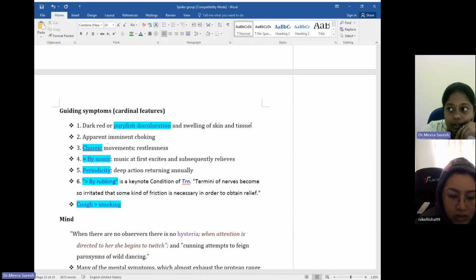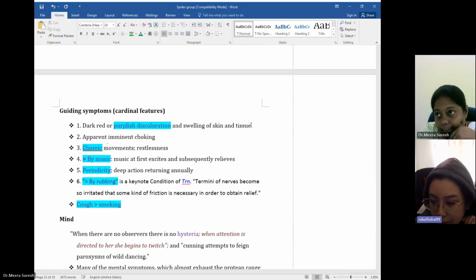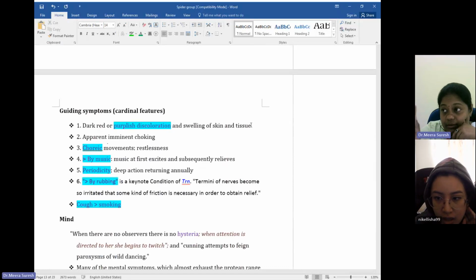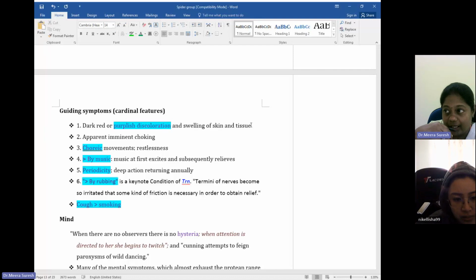And when I say purple in color, do you remember any other drugs which is having that characteristic on the abscess? Purple skin, yeah, Lachesis. Lachesis is one, so another comparison with Lachesis.